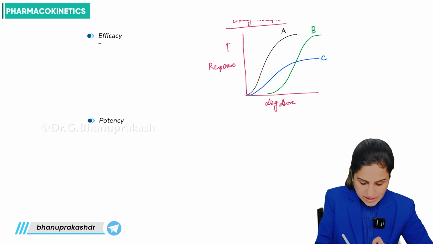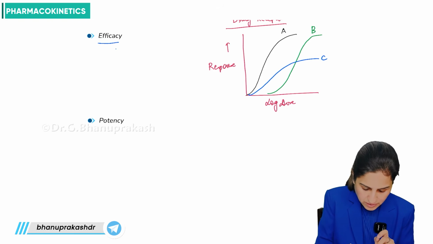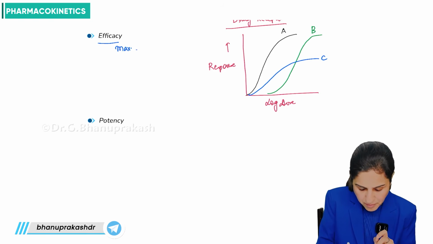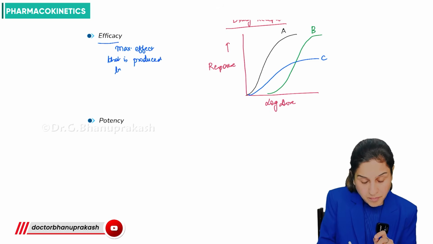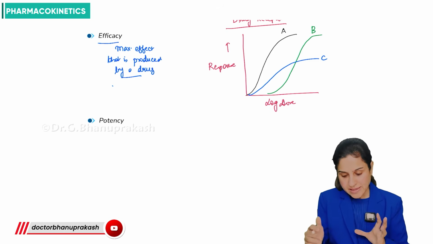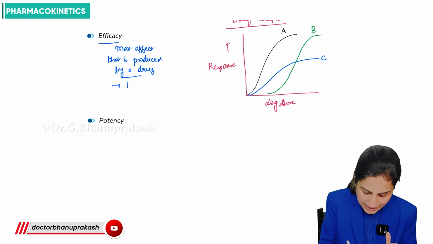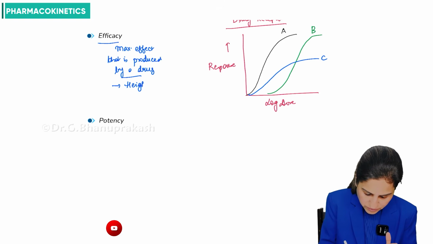Now, efficacy is the maximum effect that is produced by a drug, right? And this is determined by the height of the curve.